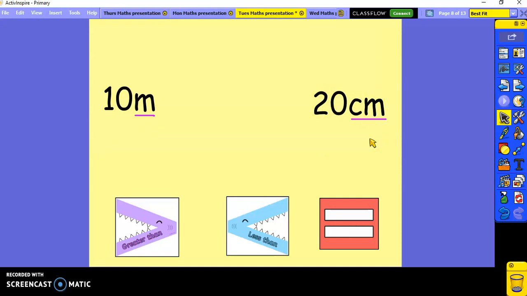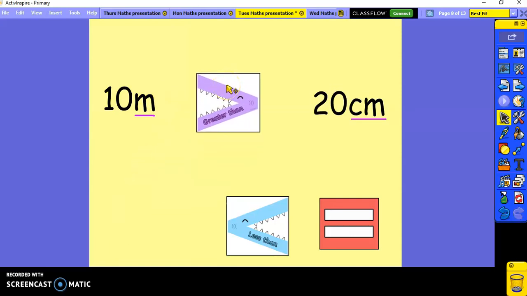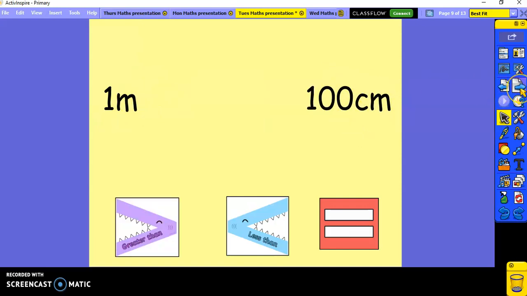So I could think about 20 centimetres is about the size of my book and 10 metres would be longer than our classroom. So I know that 10 metres is greater than 20 centimetres. So when you're doing your work today, take real care to look at the unit on the end. Are we counting the lengths in metres or are they in centimetres?